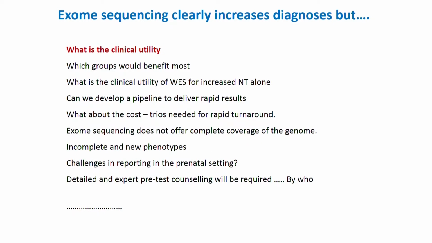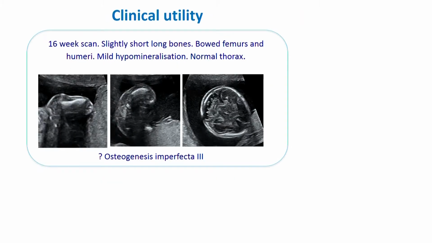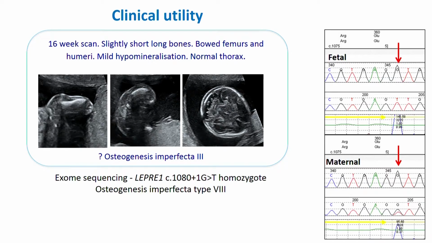So what about the clinical utility? And I'm going to give you some examples here. So this is a case that we saw at 16 weeks gestation, slightly short bowed long bones, a normal looking thorax and mild hypermineralization. So we thought it might have osteogenesis imperfecta type 3. We did exome sequencing, again trio exome sequencing here for speed in order to inform the management of the pregnancy if necessary.